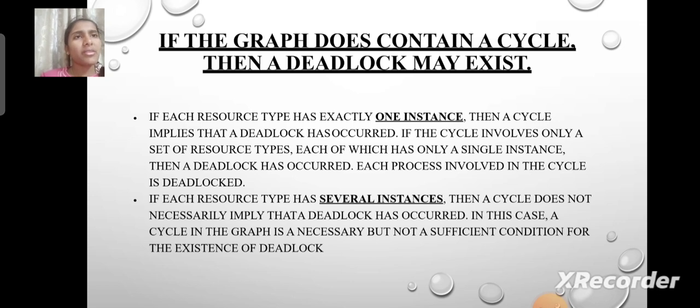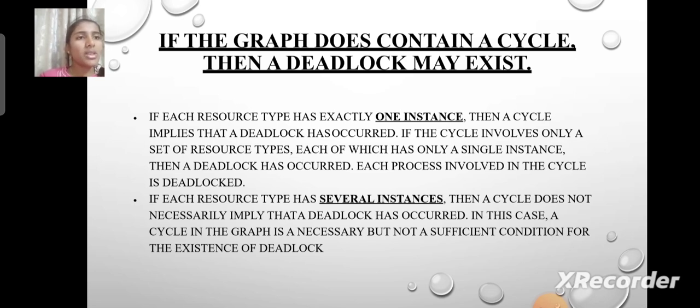If the graph does contain a cycle, then a deadlock may exist. If each resource type has exactly one instance, then a cycle implies that a deadlock has occurred. If the cycle involves only a set of resource types, each of which has only a single instance, then a deadlock has occurred.